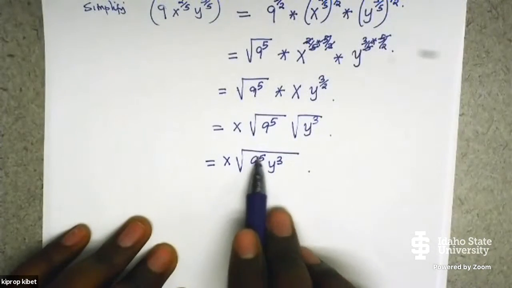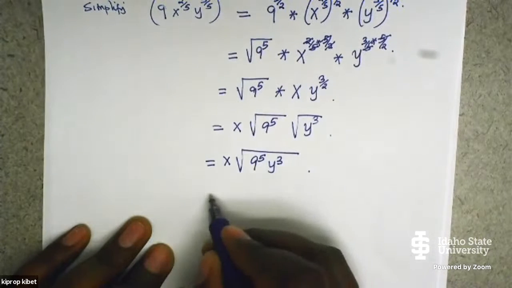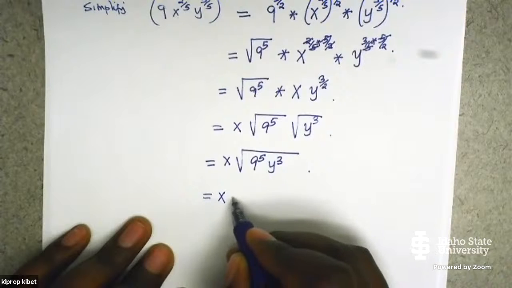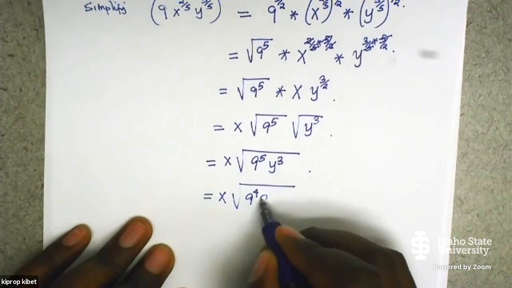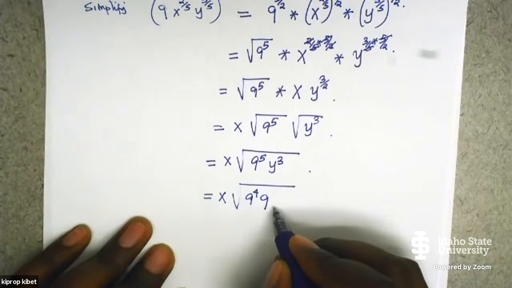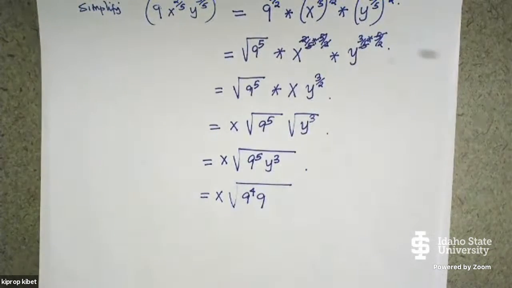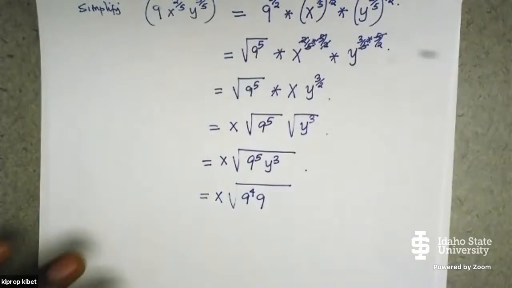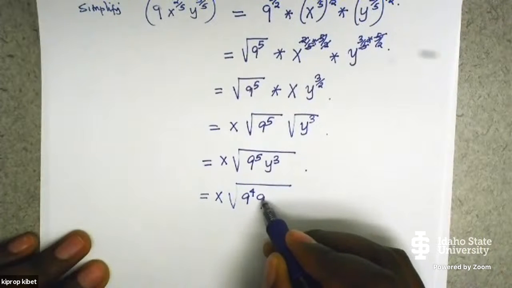So we can still simplify 9 raised to 5, which is the same as x, the square root of 9 raised to 4, 9. And then this 9 can also be 3 squared, right?